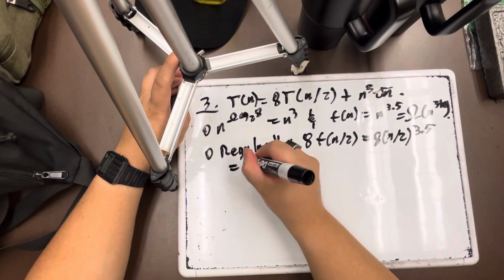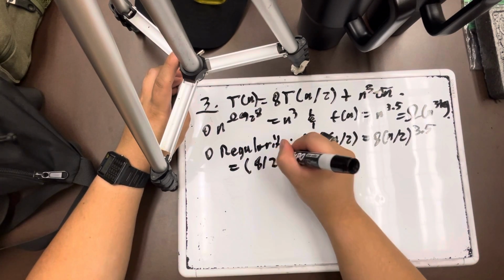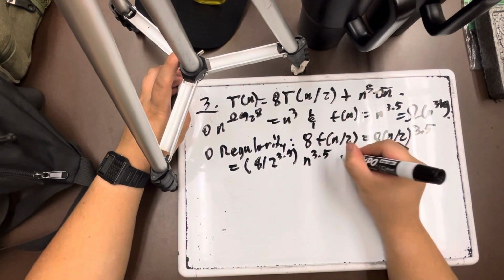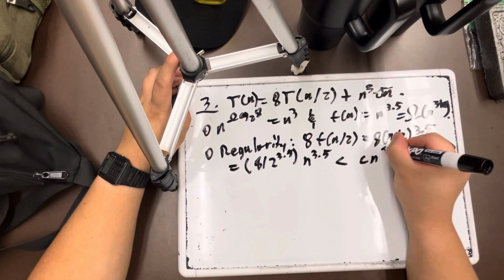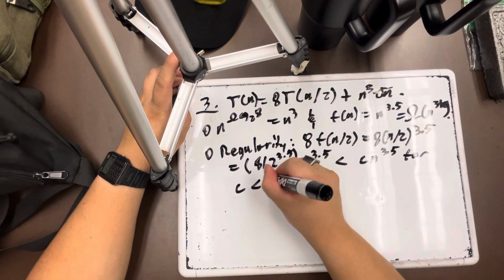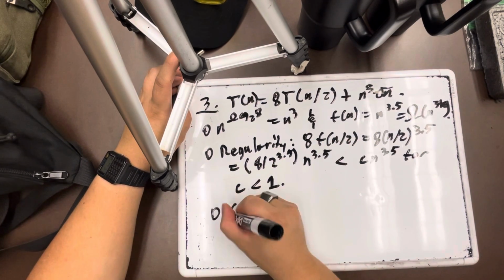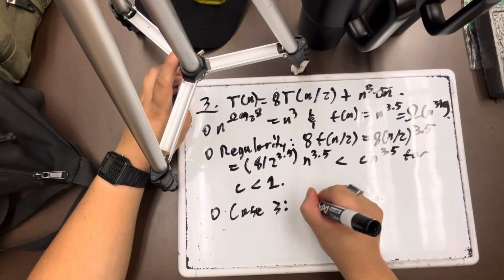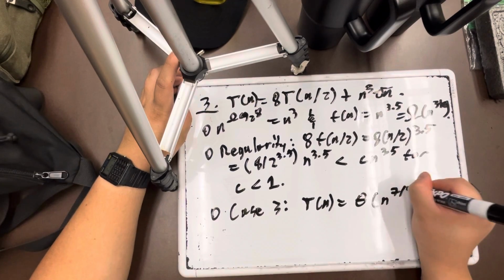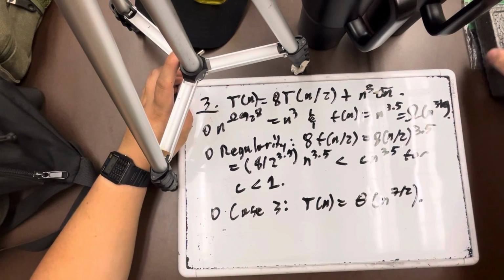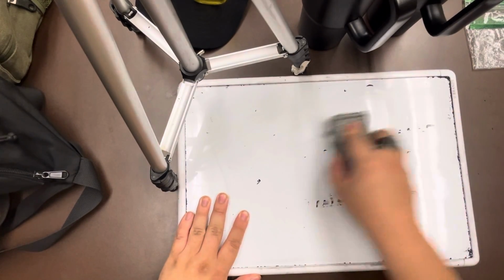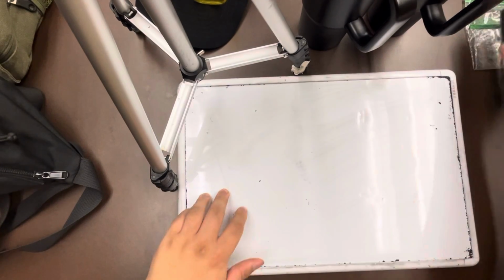And this is in fact equal to open parentheses 8 divided by 2 to the power 3.5, close parentheses, times n to the 3.5, which is in fact less than c times n to the 3.5 for c less than 1. And so we have here case 3, which yields T of n is equal to theta of n to the 7 divided by 2 for part 3, and that's it for part 3. Let's move on to part 4 now.